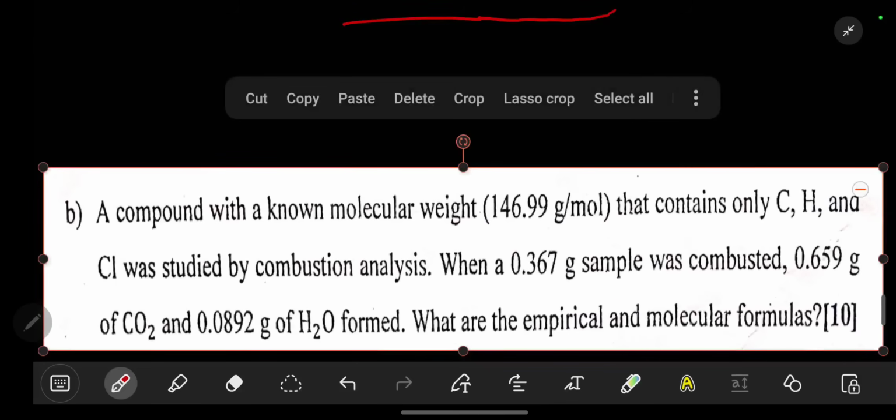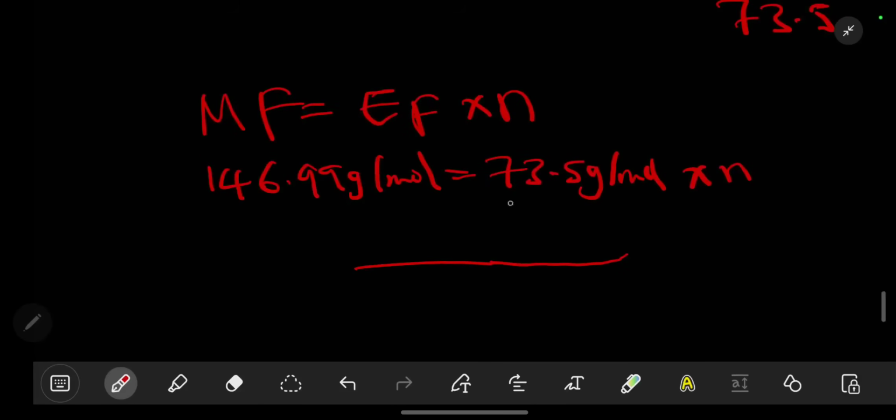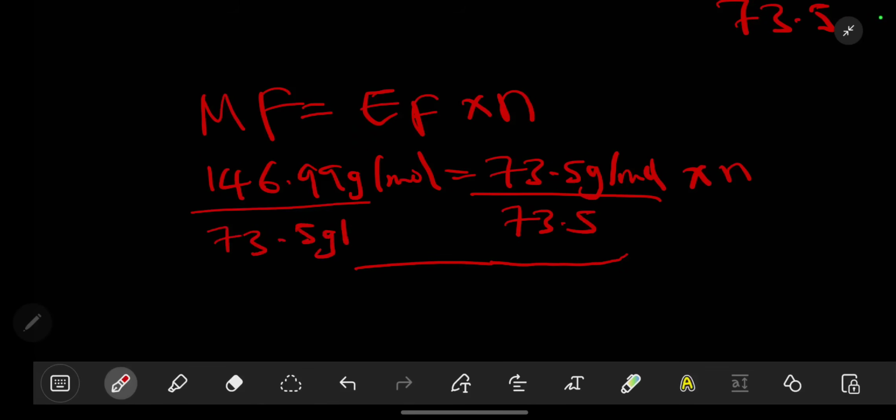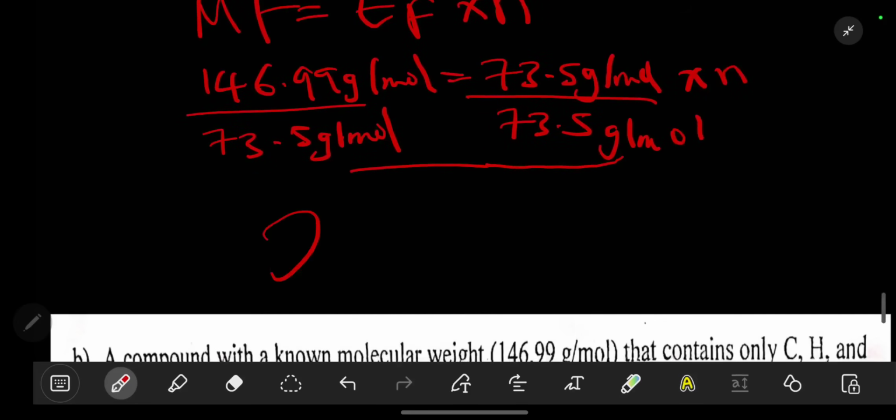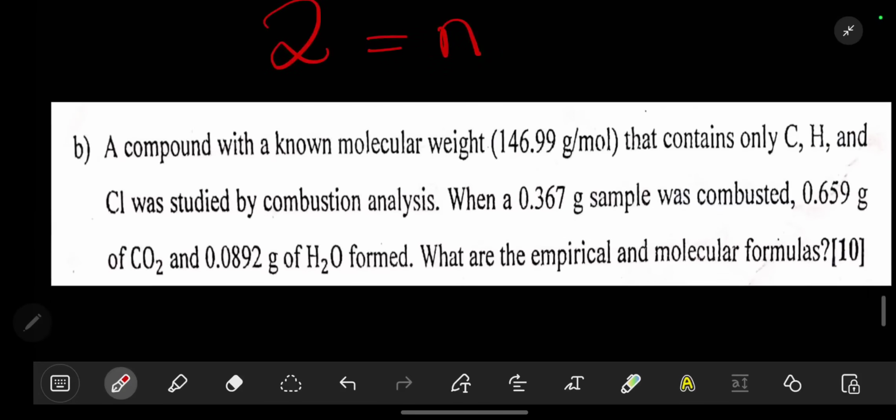What we are going to do is divide over 73.5 grams per mole. If we divide 146.99 by this answer, we get 2 rounded off. So 2 should be equal to N. It has to be a whole number.